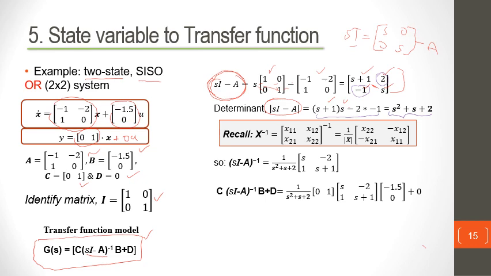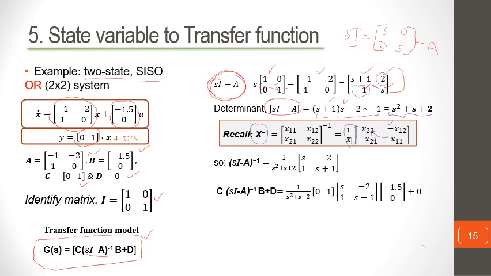Now recall, we said if you have a matrix X and you want to take its inverse, you swap the elements of the leading edge, and then you negate the remaining, and then you multiply by the determinant.